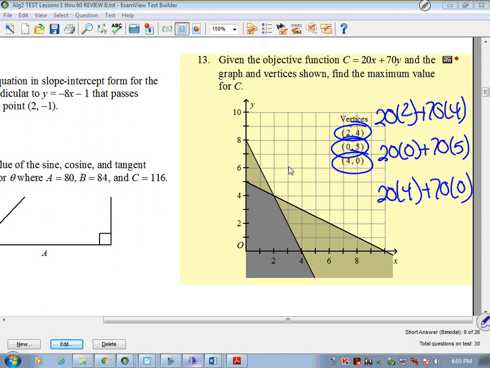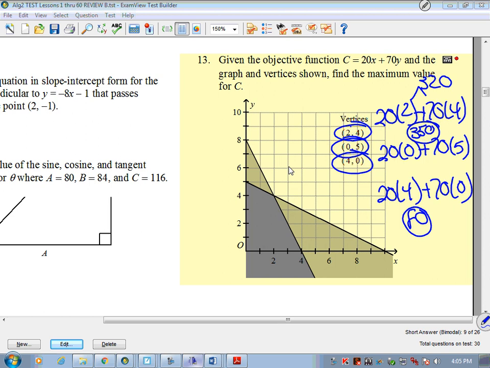And our answers that we get out of this, we got 20 times 2 plus 70 times 4 comes out to 320. 20 times 0 is 0. 70 times 5 is 350. And 20 times 4 is 80.